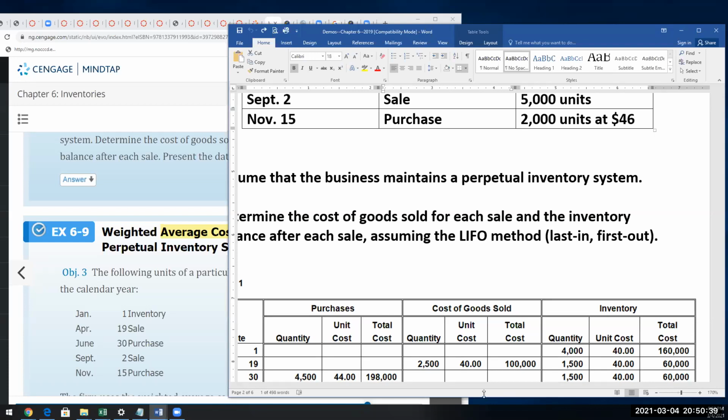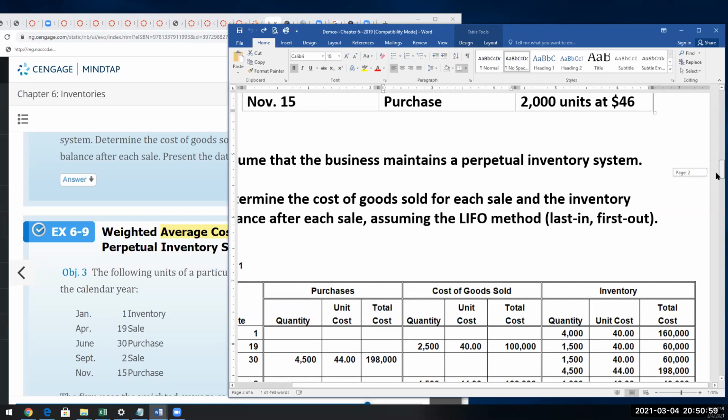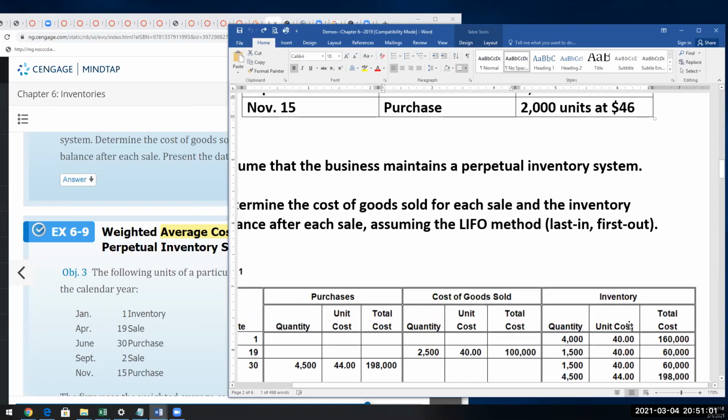We have the beginning inventory, the remaining of 1,500. So these numbers that were here in the middle are carried down because we still have all 1,500 of them because we just purchased more. So we have this remaining from the initial inventory. And then we're going to combine that with my 4,500. And you will see that I now have 6,000 items to sell.